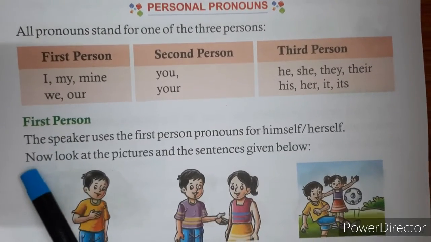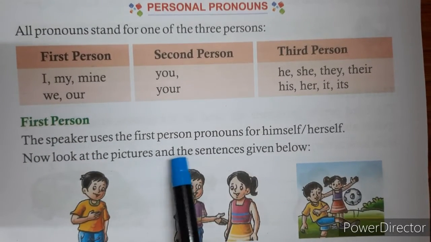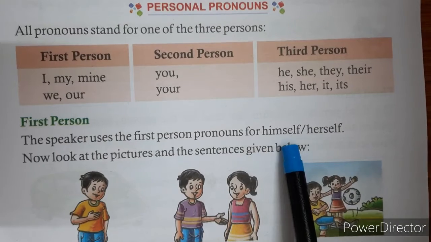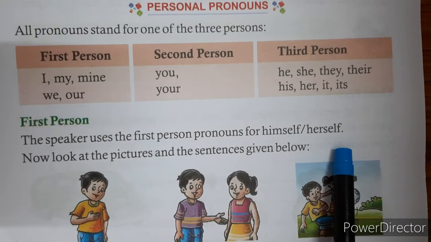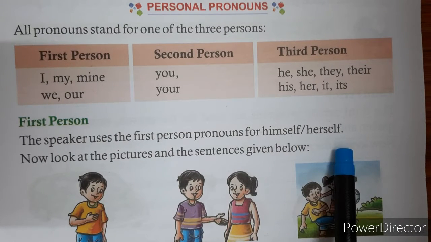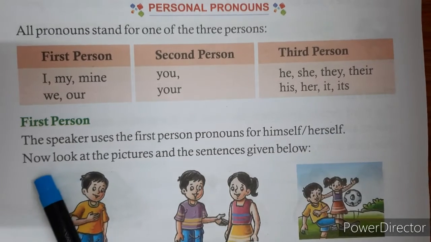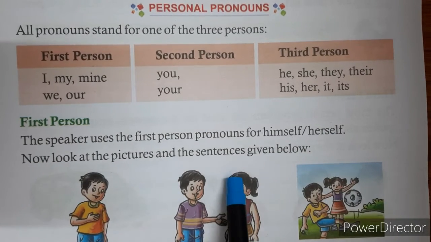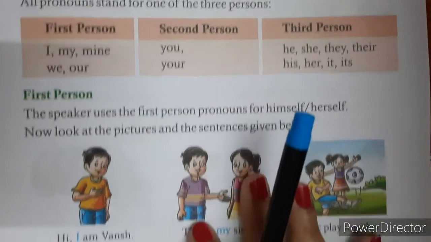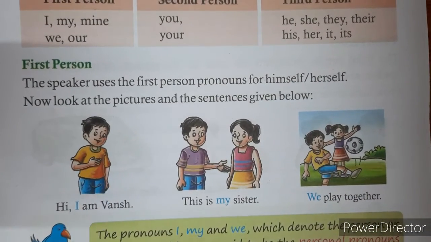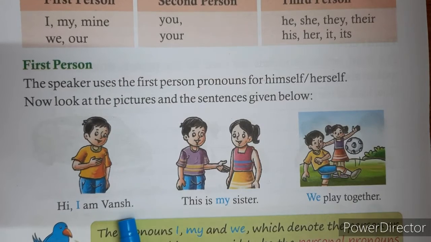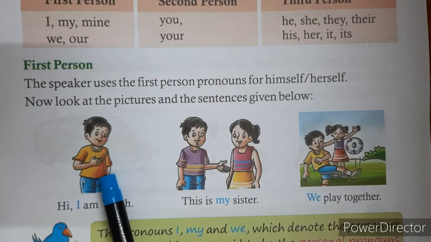First person. The speaker uses the first person pronouns for himself or herself. Now, when you speak about yourself, then you use the first person pronouns. Now, look at the pictures and the sentences given below. Students, look at the first picture. Hi, I am Vansh. So, the boy is speaking about himself.